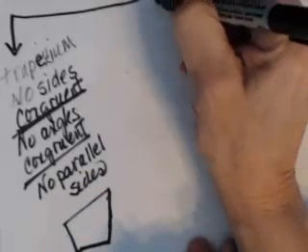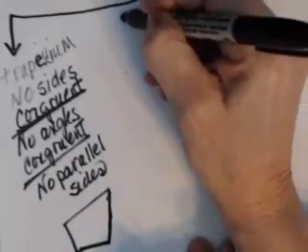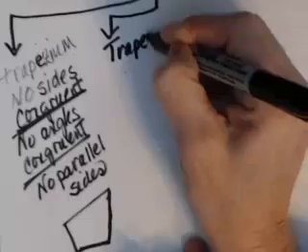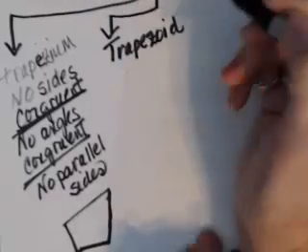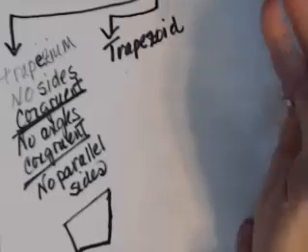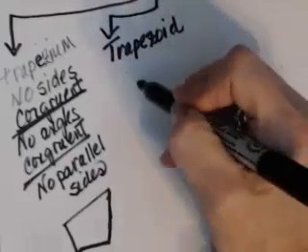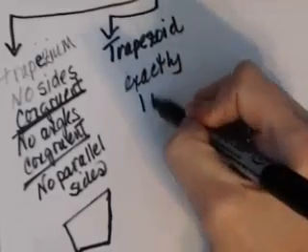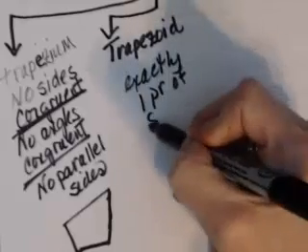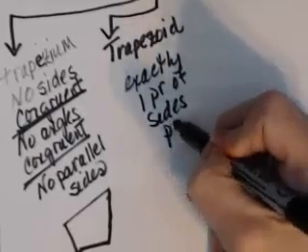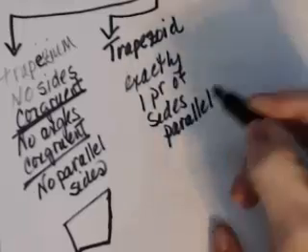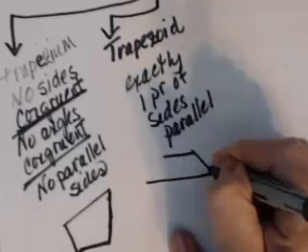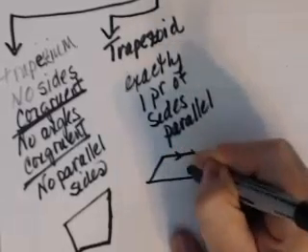Okay, another child of the quadrilateral is the trapezoid. Now, the trapezoid has exactly one pair of sides parallel. So we typically see a trapezoid drawn like this.